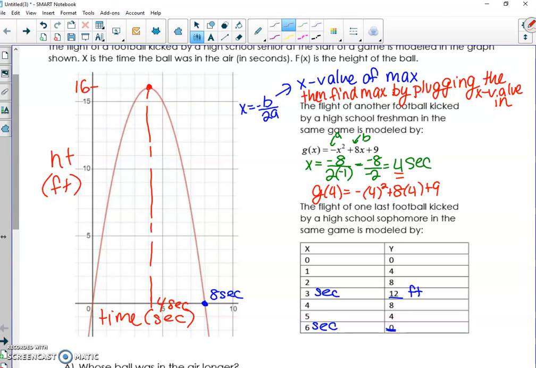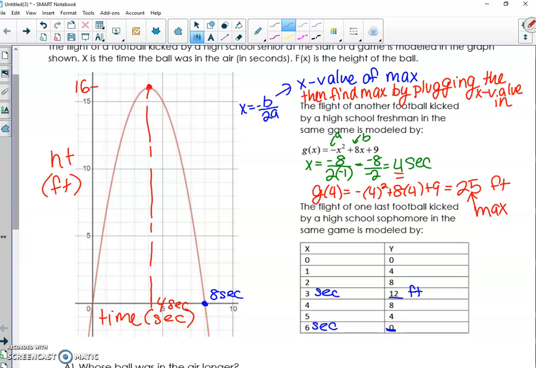So you're just putting that into the calculator. Okay, so I'm walking to go get my calculator. But you just put that in, right? Negative 4 squared plus 8 times 4 plus 9. And that's 25. So that is the maximum that it goes.